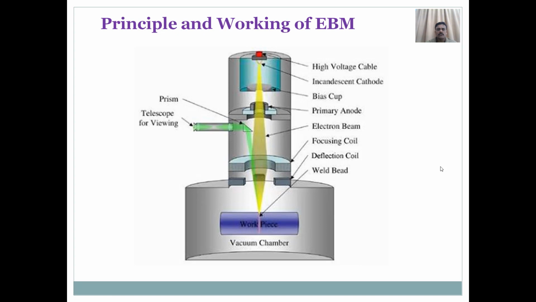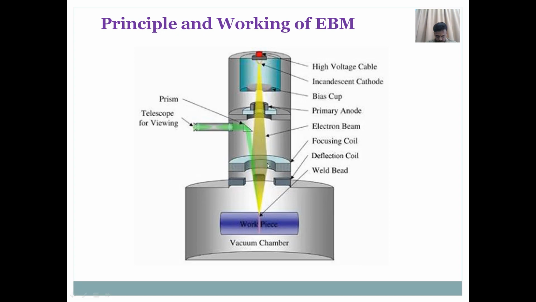Before going further, this is the diagram of the electron beam machining process. The electron beam is generated in this cathode ray tube. After that, this electron beam travels through the anode, which is connected to the negative terminal, and goes to the focusing coil.